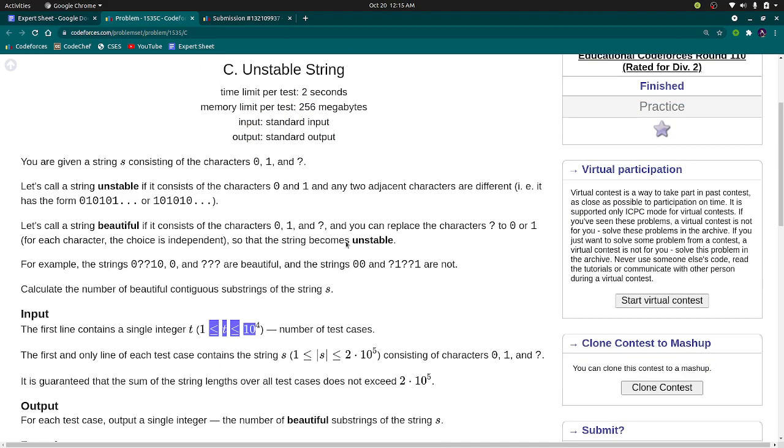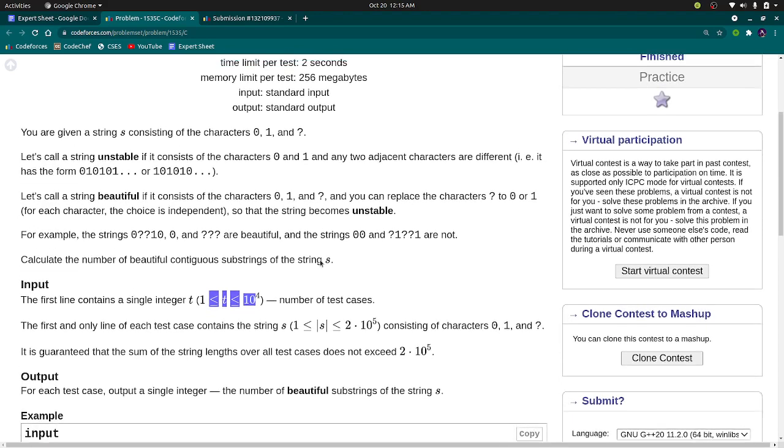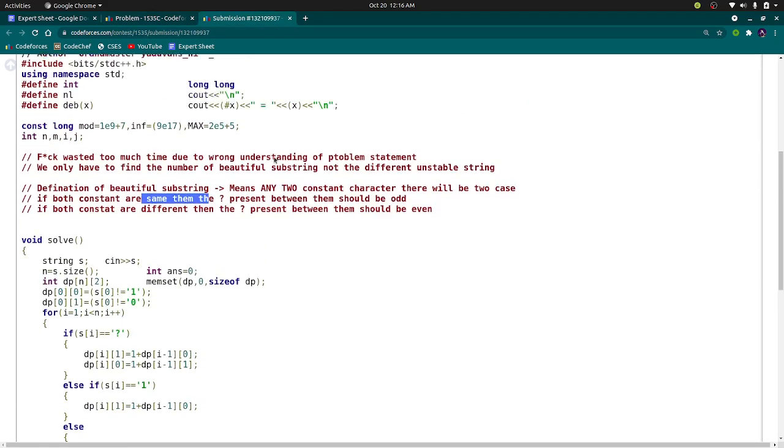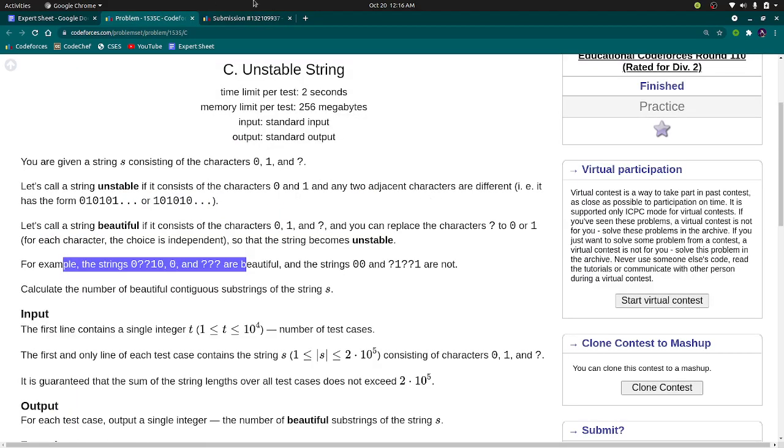So now let's move to the solution. First, we have to only count the substrings of beautiful strings, therefore the following options can be considered.